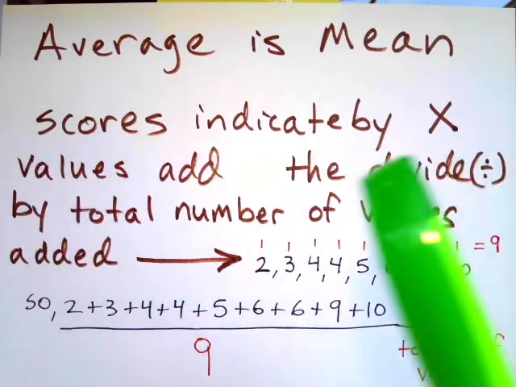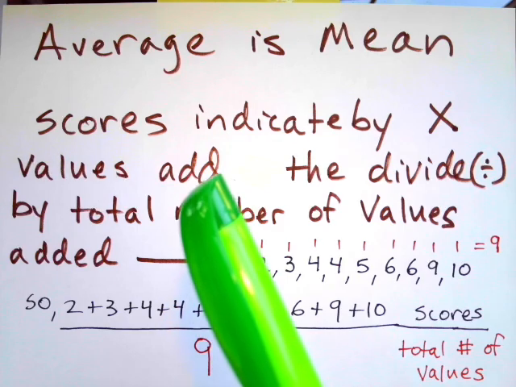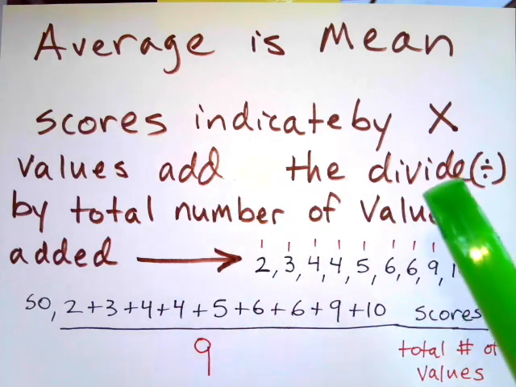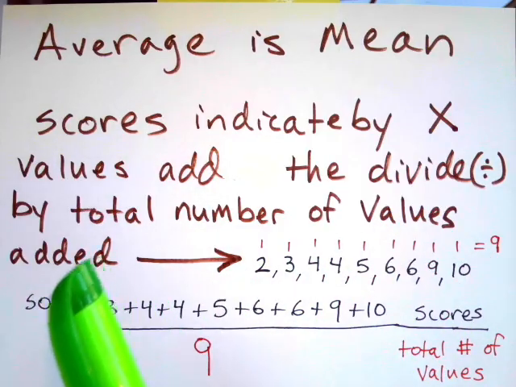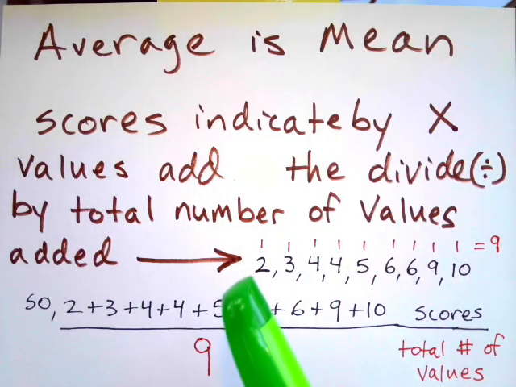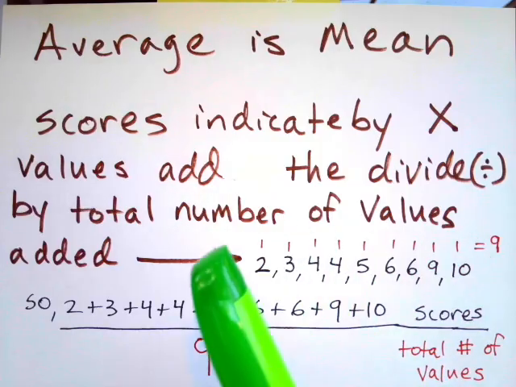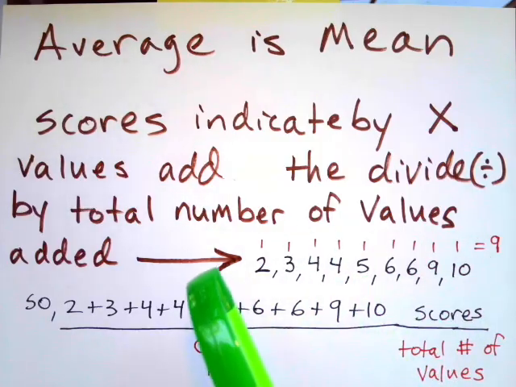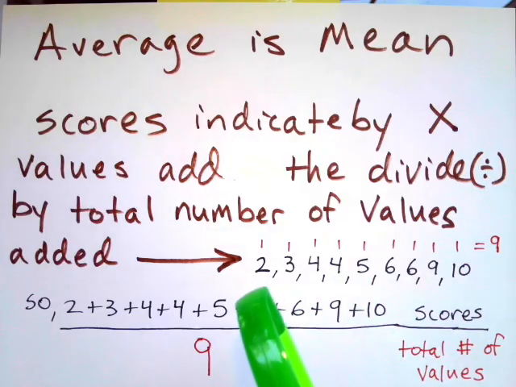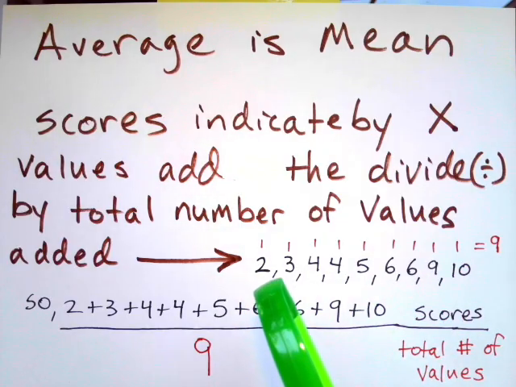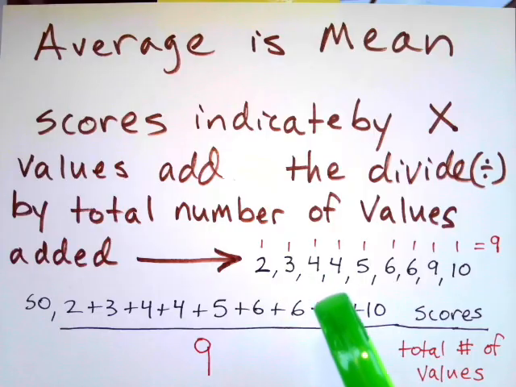So scores indicated by X, values, add them up and then divide by the total number of values that you added up together, right? So if you look right here, these are the total number of scores that were given on that line plot. Remember, there was a 2, and I was talking about 2 out of 10, 3 out of 10, 4 out of 10, right?